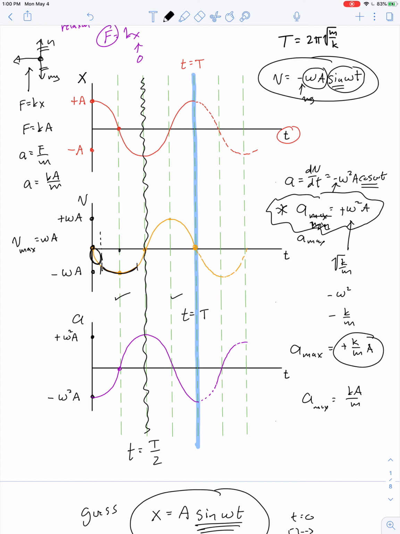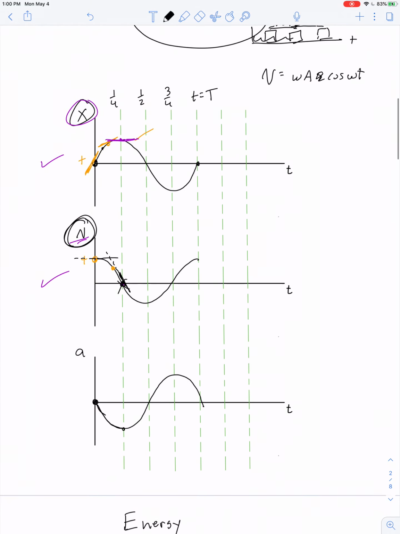In fact, if I erase some of my messy work here, if we're just trying to find when the velocity is half of its maximum value, so if we cut the maximum in halves, we find it's not that far along down the time axis that takes place.